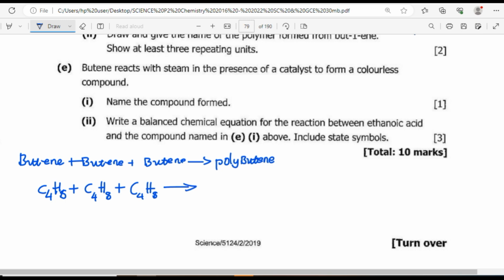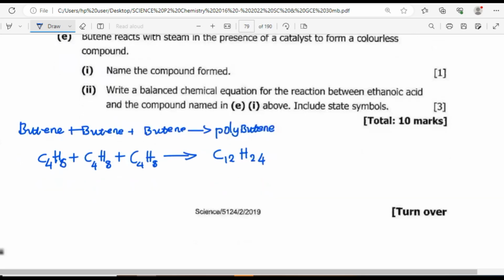So let's add the carbon atoms together. 4 plus 4 plus 4 gives us 12. Then 8 plus 8 is 16, plus 8 is 24. Then how can we write the monomer?